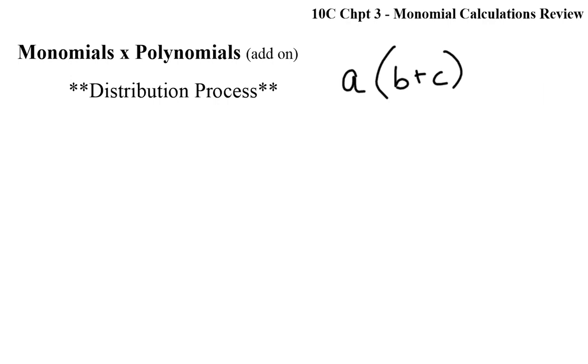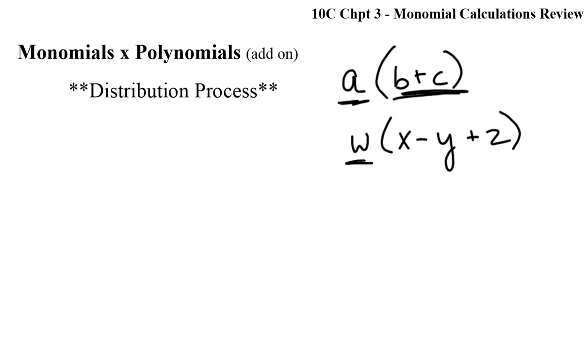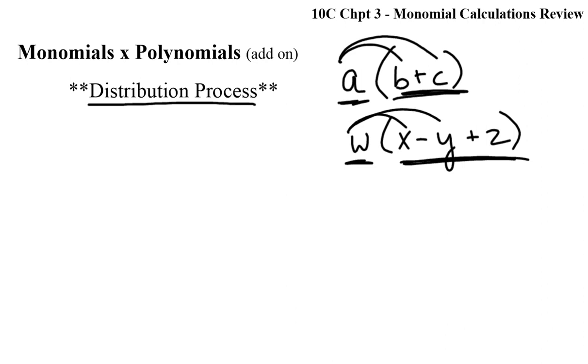B plus C or W times X minus Y plus Z. Monomial times a multi-term, 2-term. Monomial times a multi-term, 3-term in this case. This is where the distribution comes in. Each term in the brackets has to multiply by the term outside using the rules we just talked about.